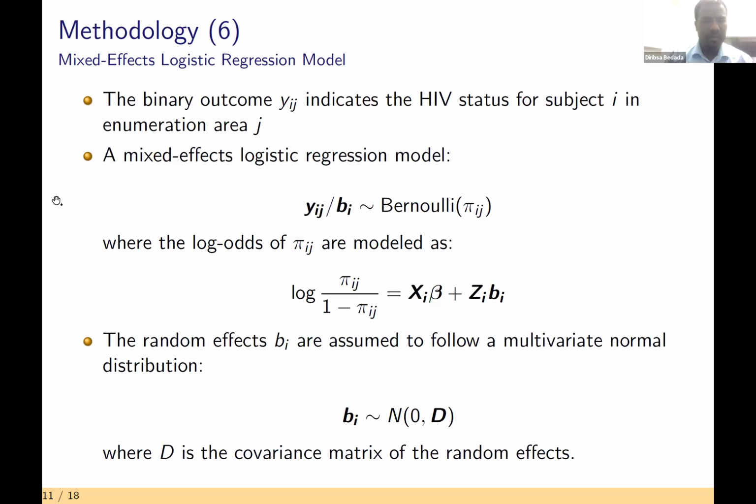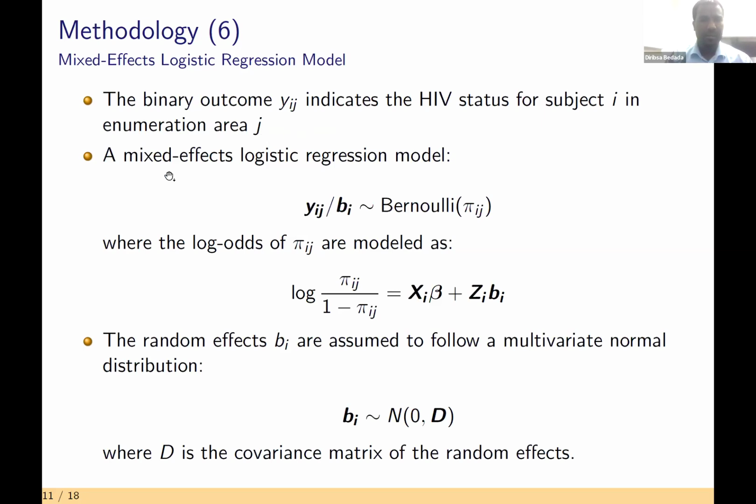In the case of the 2016 Ethiopian Demographic Health Survey data, our primary variable of interest is the HIV status, which is actually binary.